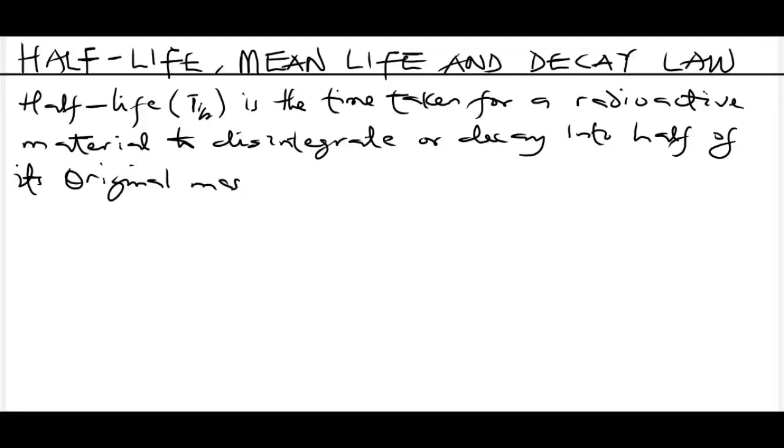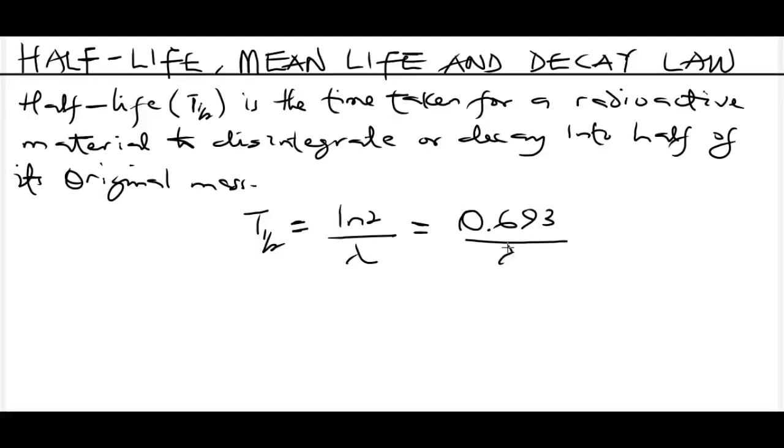original mass. So this is the definition of half-life. It is the time taken for a radioactive material to disintegrate or decay into half of its original mass. So mathematically, half-life is given as ln 2 over lambda, and ln 2 to 3 decimal places is 0.693 over lambda.